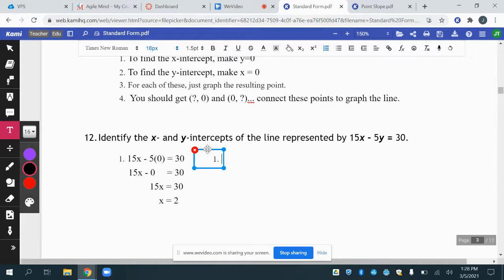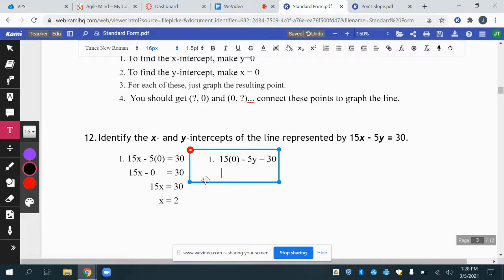Okay. So this time I'm going to make the x be 0. 15 times 0 minus 5y equals 30. Regardless, solve this and I'll cross the bridge of numbering later.